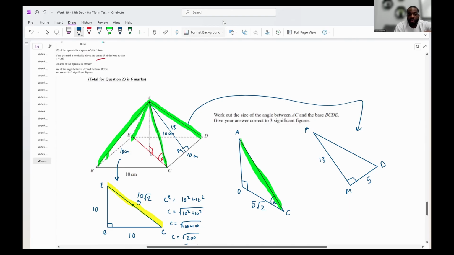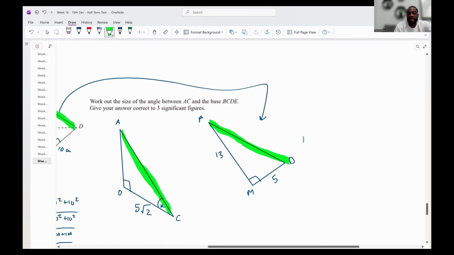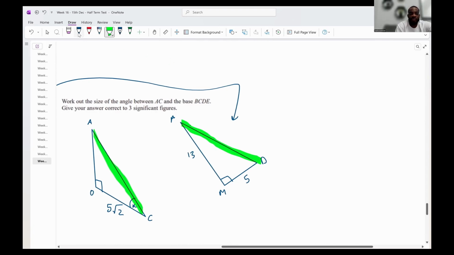Yeah. So now, what are we doing? Remember, we're trying to figure out this side in green, which is going to be the same as A to D, isn't it? I could use Pythagoras to figure out what this side is. This is going to be c, and we can call these a and b. A squared plus b squared is equal to c squared.